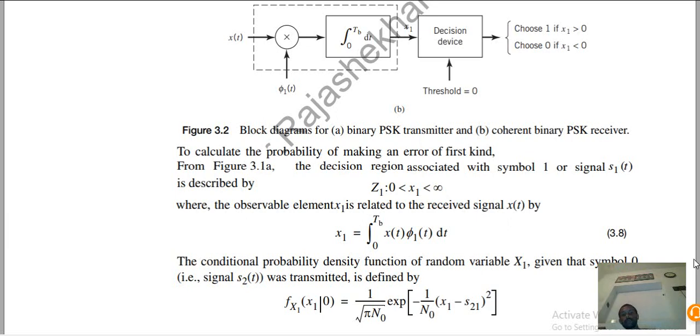The conditional probability density function of a random variable x1, given that symbol 0 was transmitted. The conditional probability density function means we are calculating with respect to symbol 1, but given that symbol 0 was transmitted.